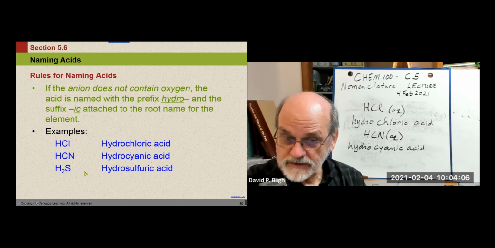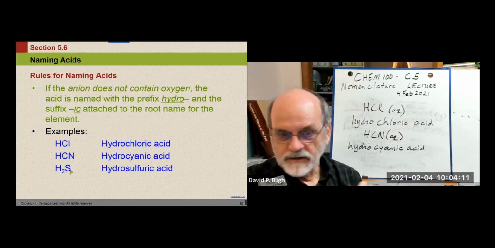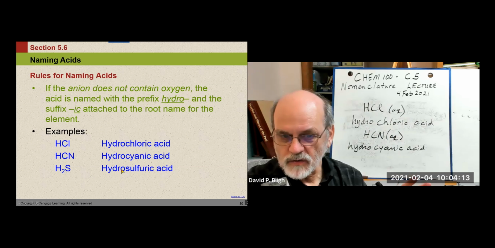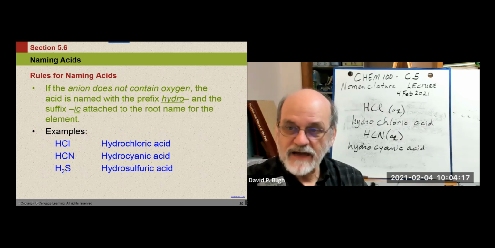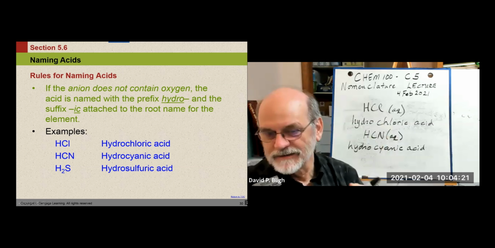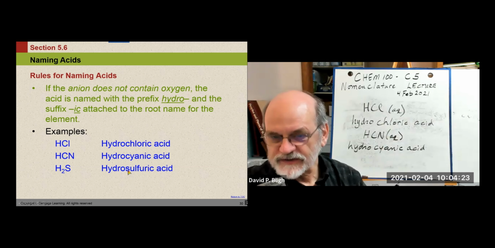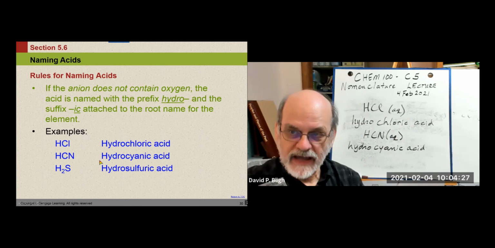Put it in solution, then you call it by its acidic name. No oxygen, hydro, and sulfide becomes sulfic. Just doesn't sound right. So we extend the name to sulfuric acid, hydrosulfuric acid.